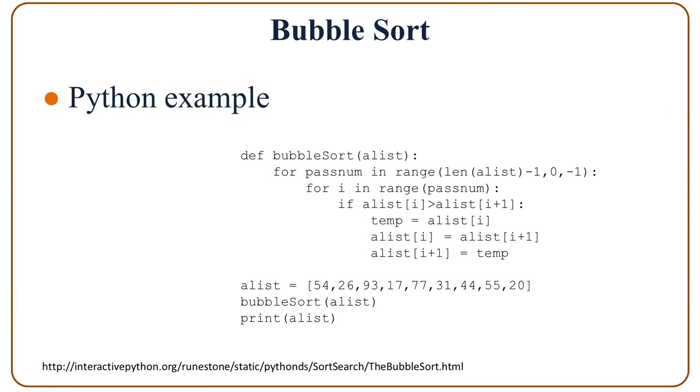This is the Python code. The array parameter is named a list. The outer loop goes from the last element back to the first element with a step of -1.